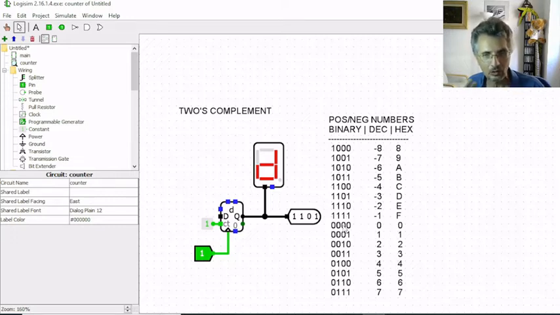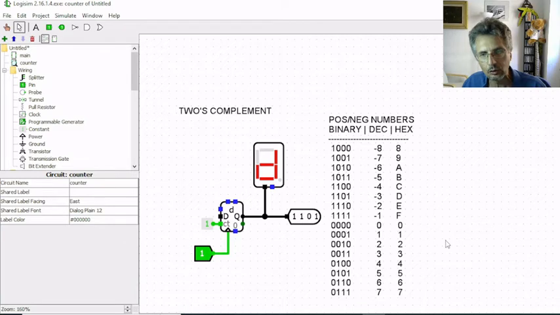So in reality, all numbers from 0 to +7 are positive, and these are 8 combinations, and these other 8 combinations are negative numbers. This particular kind of representation is called two's complement. It is very strange in the beginning, because one can't understand why this number is -1, because it doesn't look like a -1.